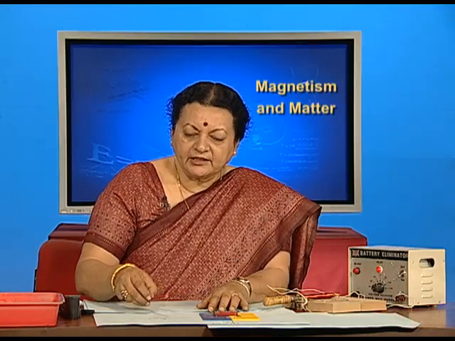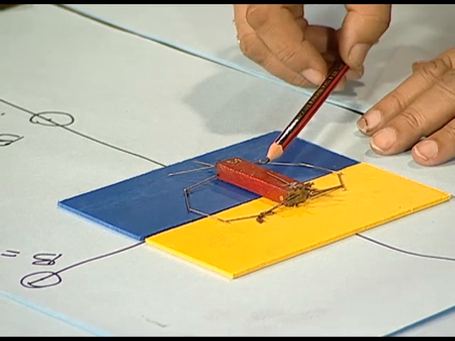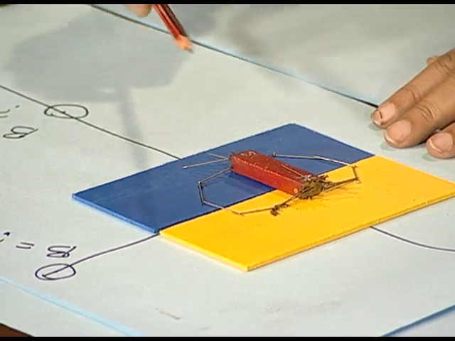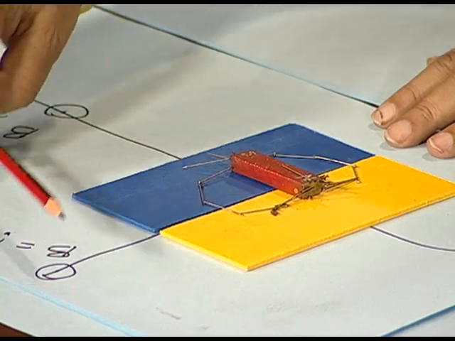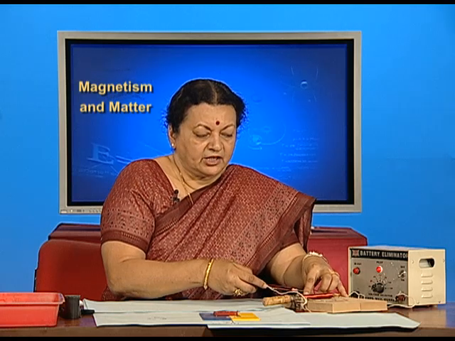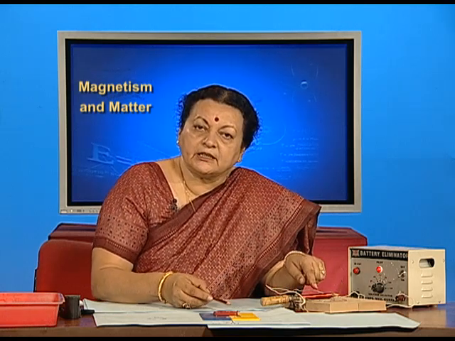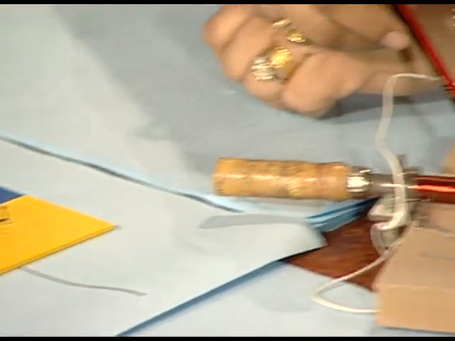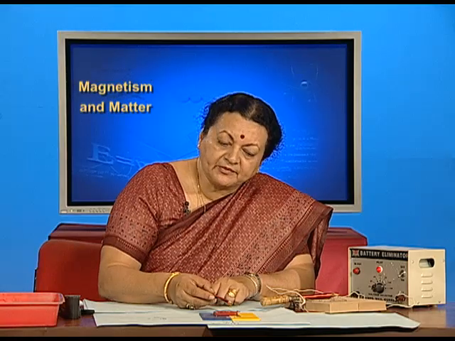In order to find the magnetic field due to this bar magnet along its axis, any point around here or on the equatorial line, we have over here an apparatus by which you can see the field lines due to the bar magnet and the solenoid being almost the same.